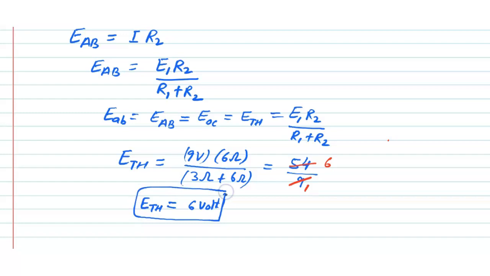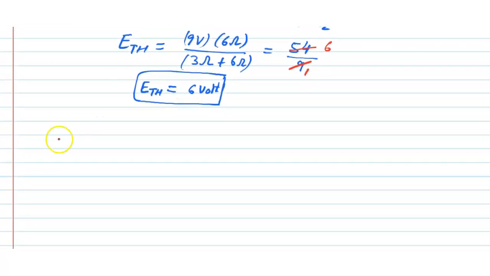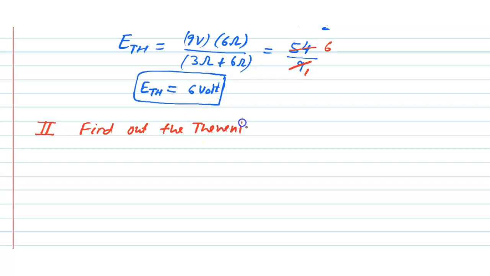Now the next step is to find out the Thevenin resistance. Step number 2, find out the Thevenin resistance or short circuit resistance.